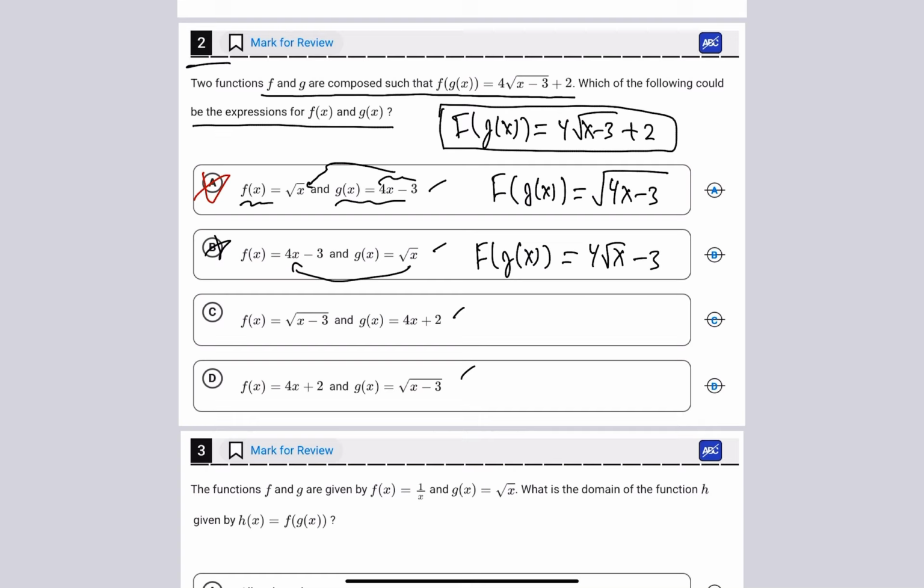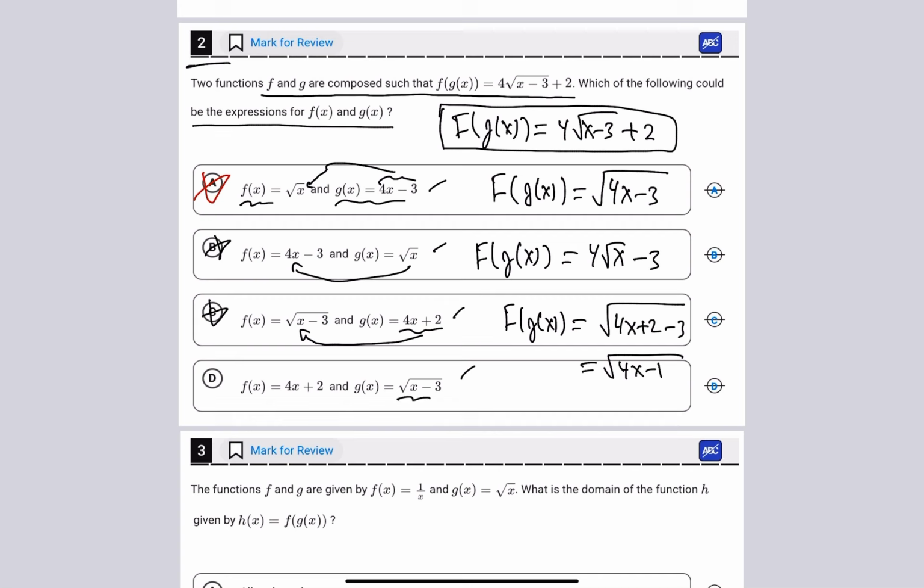What about option C? For f of g of x, we're plugging in 4x plus 2 into x. We have square root of 4x plus 2 minus 3, which is square root of 4x minus 1, which is also not the case. What about D?